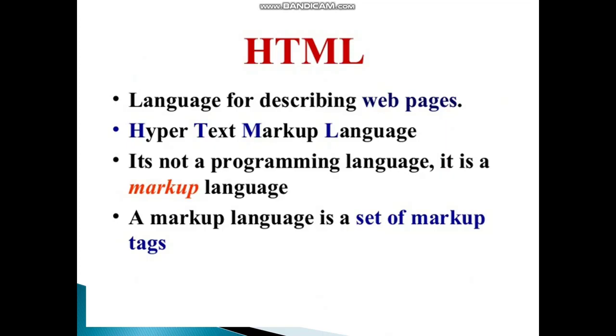HTML is not a programming language. It is a markup language. A markup language is a set of markup tags. It is used for designing pages, and a markup tag means it is a set of such tags.